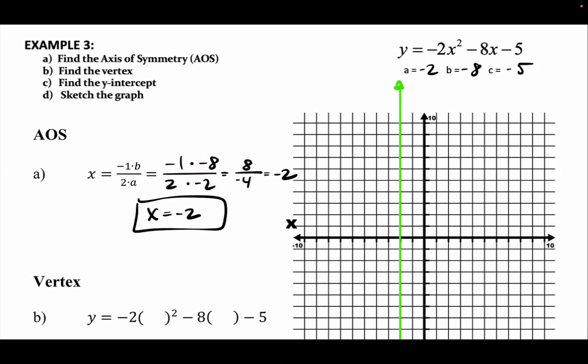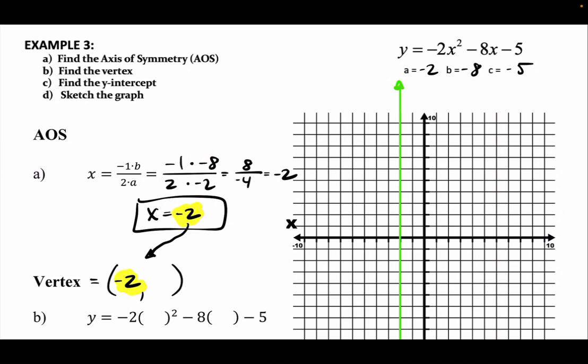Okay. Vertex. Remember, this guy always goes there. And then I'm going to plug it back in.